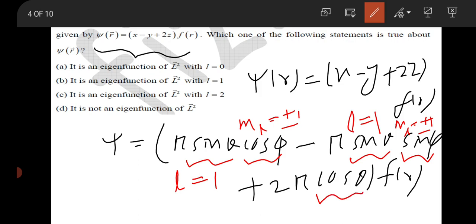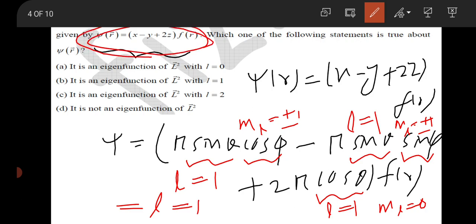Similarly, cos theta is indicating L equal to 1 and since the phi part is absent here, so ml is equal to 0 in this part. So watch one thing, let's observe one thing. L is equal to 1 is common, that means this state is corresponding to L equal to 1. Okay, so the given wave function psi(r) is indicating that it consists of L equal to 1. It is the state of L equal to 1.